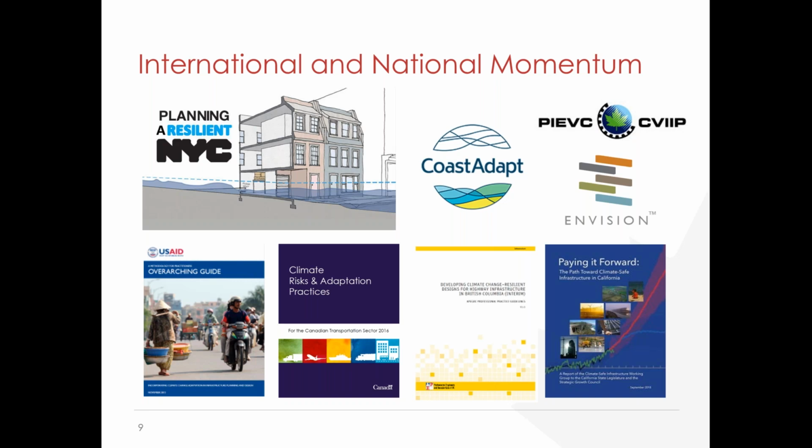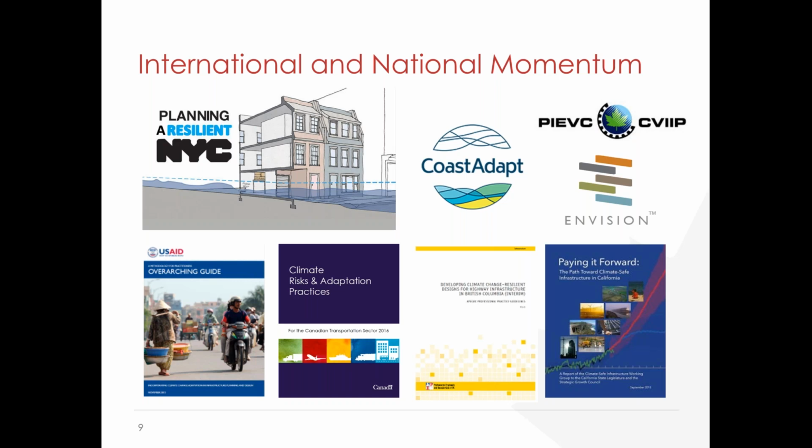There's also domestic momentum. The private and not-for-profit sector in Canada and internationally has been involved, notably Engineers Canada and its work to develop the Public Infrastructure Engineering Vulnerability Protocol, as well as the Institute for Sustainable Infrastructure's Envision Rating Scale and criteria, which identify how sustainable approaches can be used to plan, design, construct, and operate infrastructure projects.